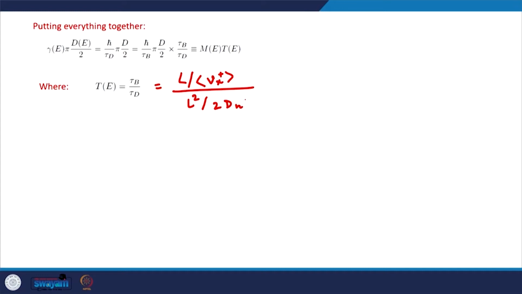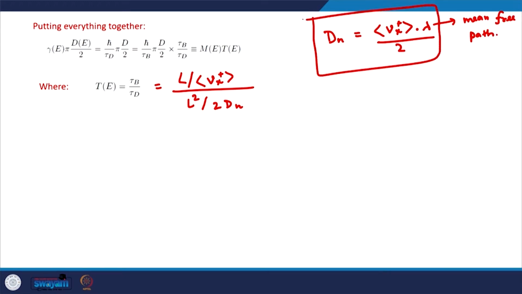Now, from the theory of scattering, which is in a way a separate topic, this diffusion coefficient turns out to be Vx times lambda by 2. Average velocity in positive x direction, times lambda, where this lambda is the mean free path of the electrons. So, just at the moment please assume that this is true.